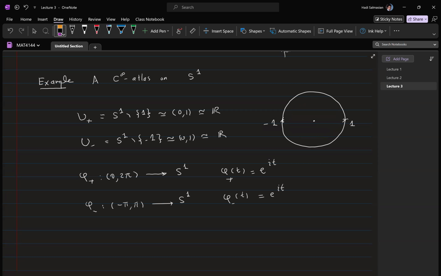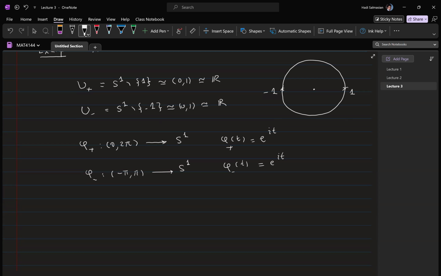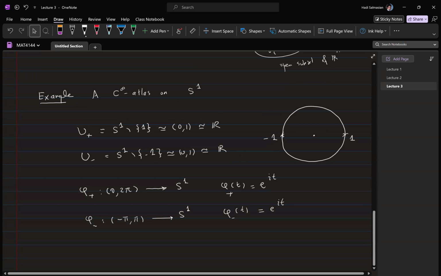Okay, and now you can see that the transition maps, phi_plus composed with phi_minus inverse, or phi_minus composed with phi_plus inverse, are technically identity maps on some open subset of the real line. And so the identity map is really infinitely many times differentiable. So these two describe a C infinity structure, a C infinity atlas on the circle.